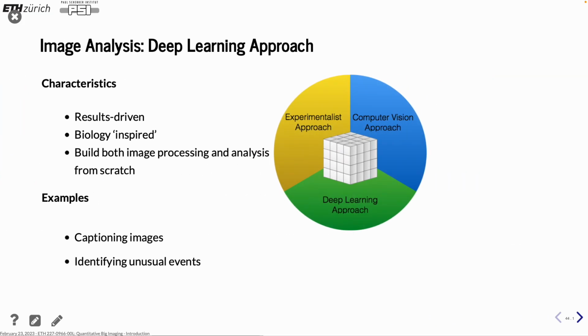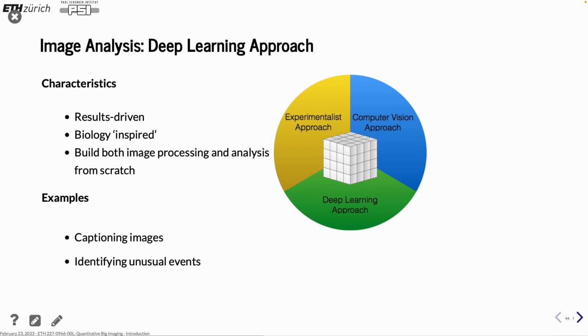And then we have the deep learning approach, which is result-driven, because all these machine learning approaches are based on some existing knowledge. You have to train your model with some data before you can get answers for the big questions you want to answer. So it's actually redesigning the thinking of how image processing and analysis is done.